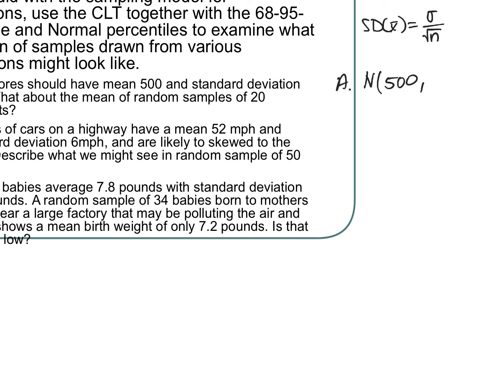If you have to calculate the standard deviation using square root of pq over n, you should not be using that for this formula. You're using one or the other. We don't combine them. So that would be 100 over the square root of 20. So the normal model: 500, 22.36.